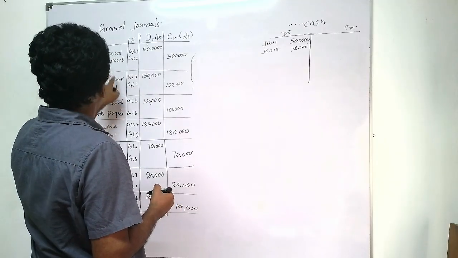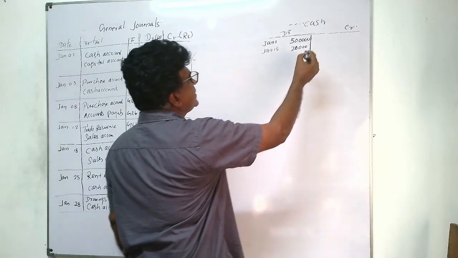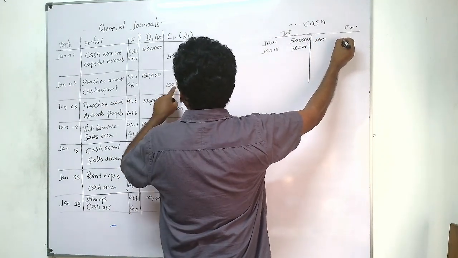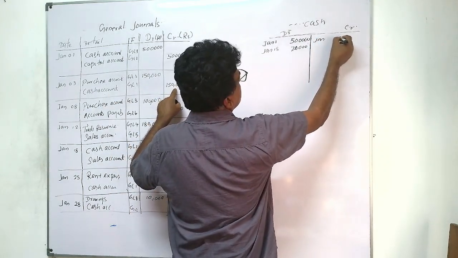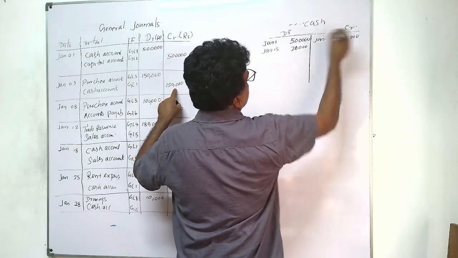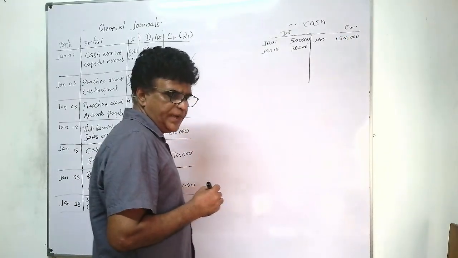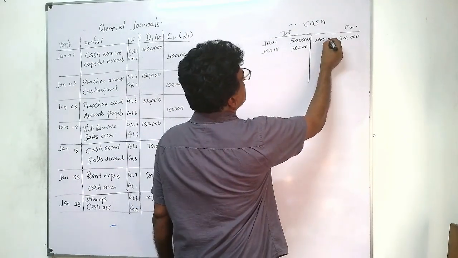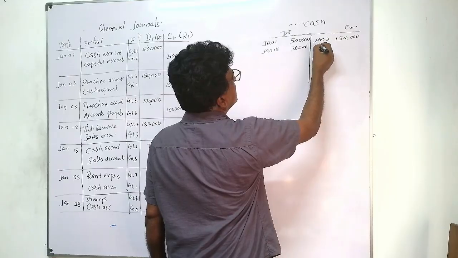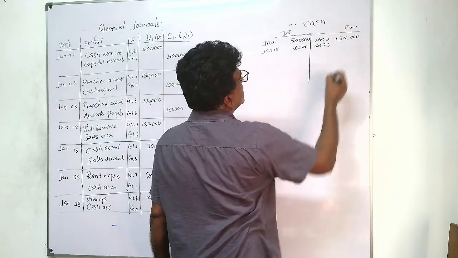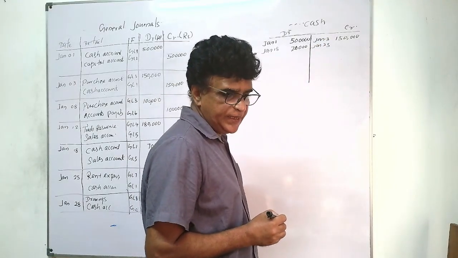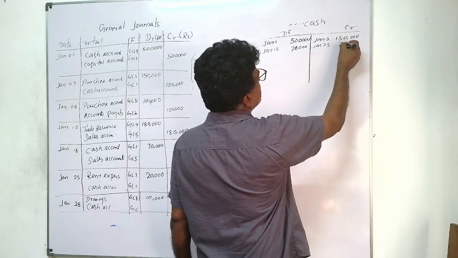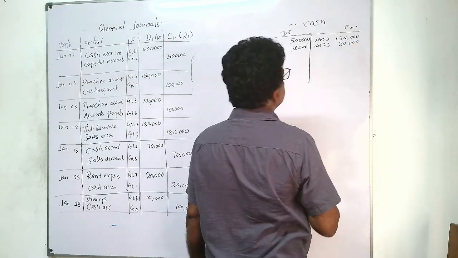And on the credit side, January 3rd, there is a creditor entry, 150,000. And January 25th, there is another entry, that is rent, 20,000.